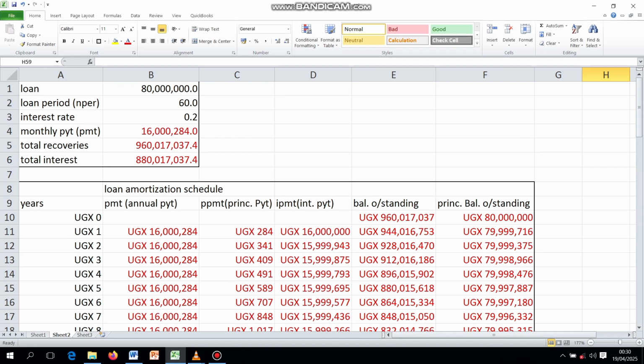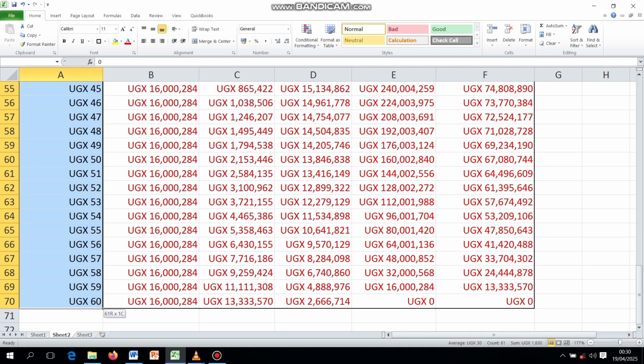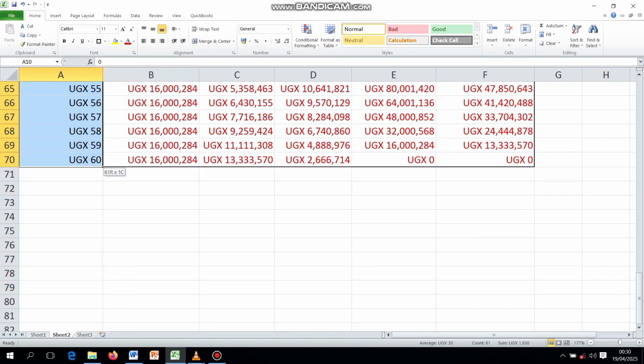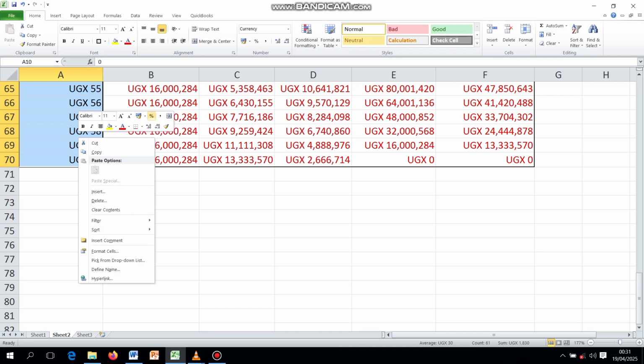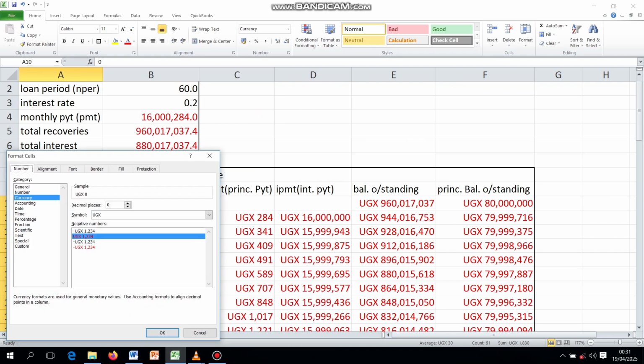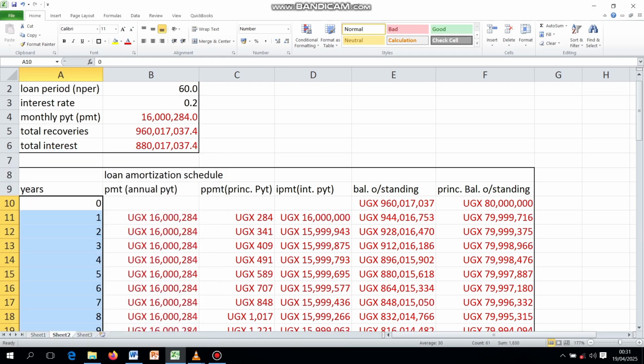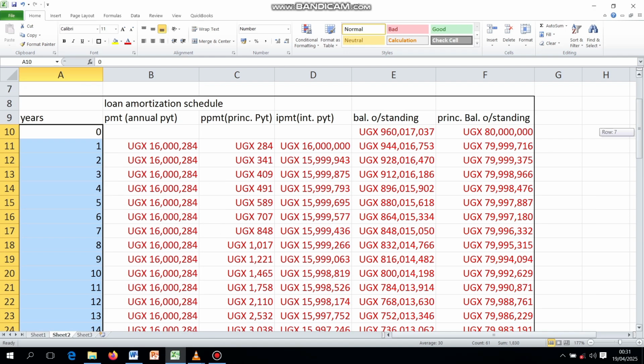Sorry, I had forgotten about these ones. These ones shouldn't have the UGX thing. I'll also come to format cells, come to currency, and I'll put none because these are months. They're not supposed to have those.